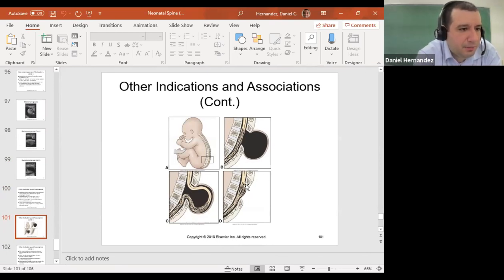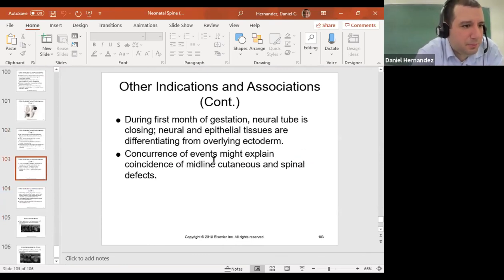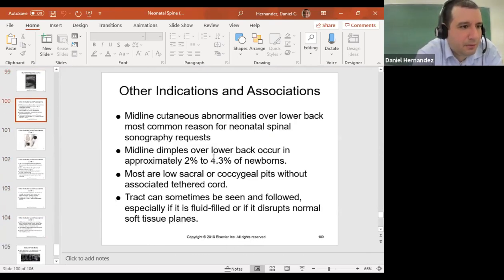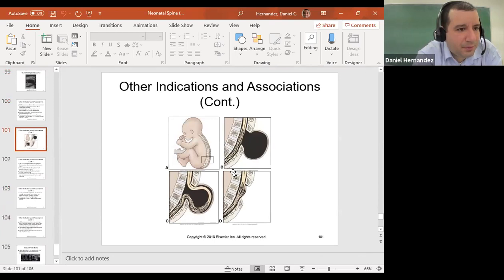So these are considered open forms of dysraphism where there's no skin covering. So this is going to be exposed, just a thin membrane covering this area.